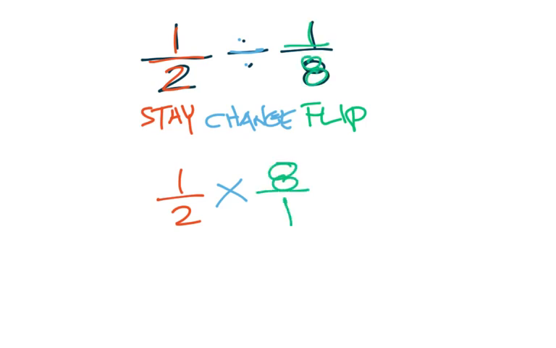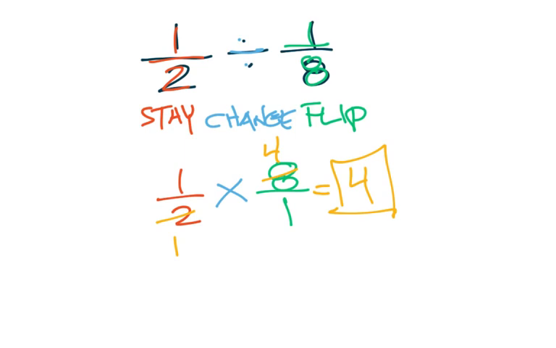Now, as we know, when we multiply fractions, we always want to look for cross-canceling opportunities. GCF is the key to cross-cancellation. So if I focus in on that 2 and the 8, I think, what is their GCF? I'd have to say 2. So I'll divide each of them by 2. The 2 divided by 2 would be simply 1. The 8 divided by 2 would be 4. And then I could multiply straight across. 1 times 4 is 4. And 1 times 1 is 1, which is 4/1, which is just 4.